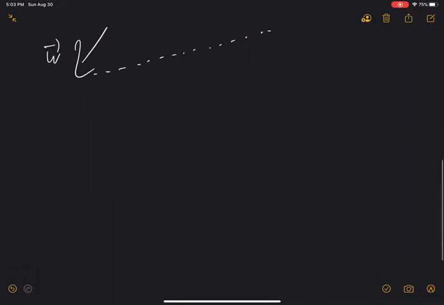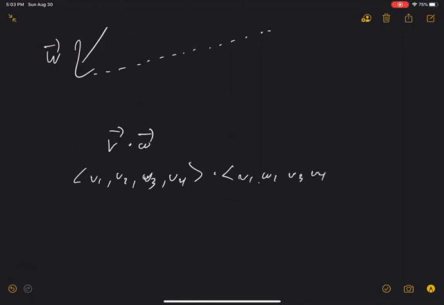On the other hand, v dot w has four components now. It's v1, v2, v3, v4, dot w1, w2, w3, w4. So when I take the dot product, I get a sum like this.